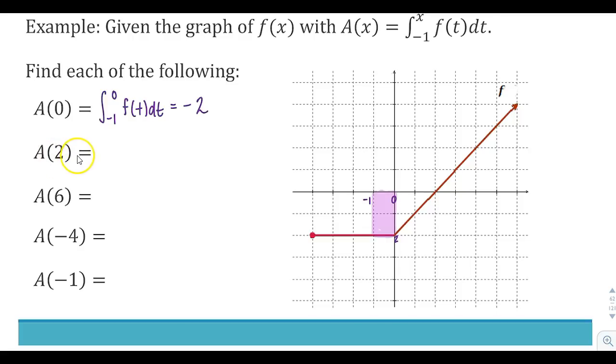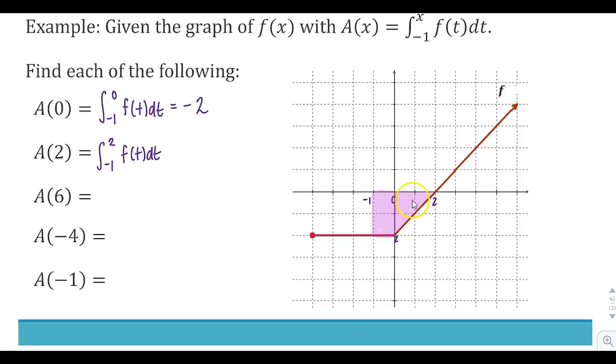If I move on to A of 2, I have the integral from -1 to 2 of f of t dt. So we're going to continue and go all the way to the x value 2 over here, and we want the total area from -1 to 2. So we're really just adding on the area of this triangle. Now, the entire answer is going to have to be a negative answer because this is all below the x-axis here.